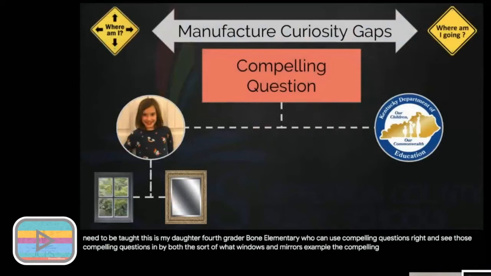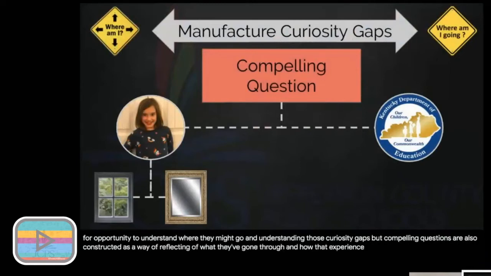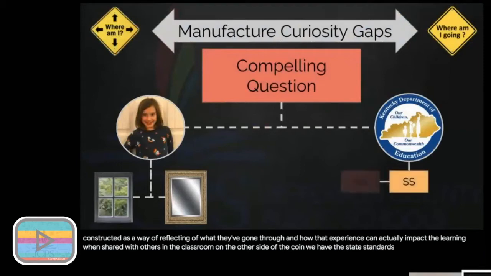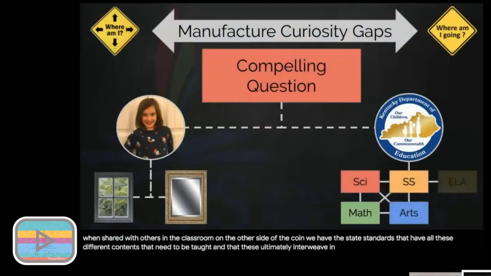The compelling question becomes a window of opportunity to understand where they might go and to understand those curiosity gaps. The compelling questions are also constructed as a way of reflecting on what they've gone through and how that experience can actually impact the learning when shared with others in the classroom. On the other side of the coin, we have the state standards that have all these different contents that need to be taught, and that these ultimately interweave in the minds of the child, right?